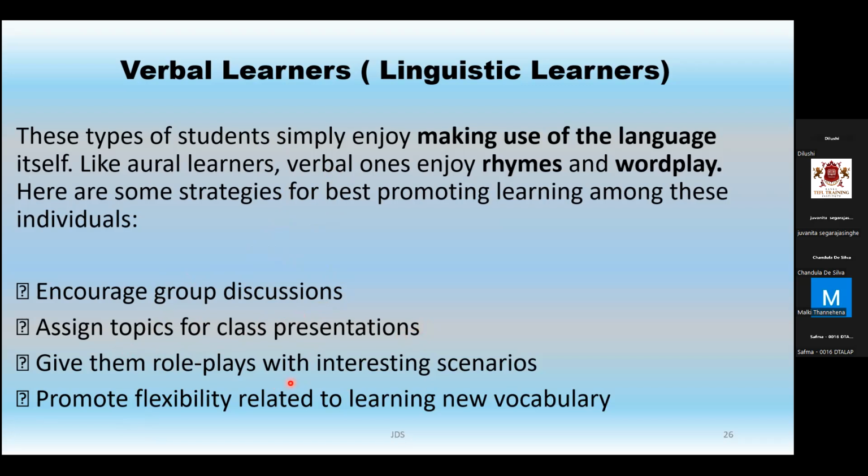Assign role plays. Flexibility related to learning new vocabulary, right? Like dictionary pages or maybe a scrapbook. All those are good ways to promote learning for verbal learners. Mind map, using the mind mapping technique.